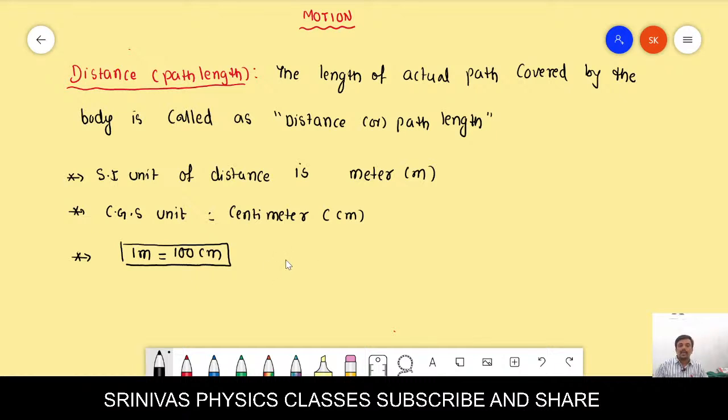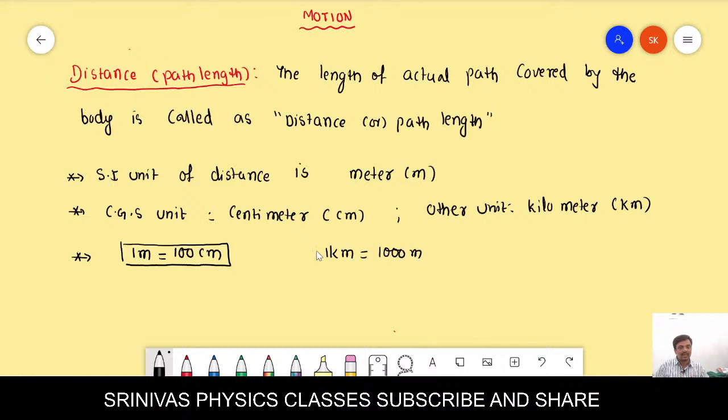Okay? And there are so many other units. Kilometer is there, right? 1 kilometer is equal to how many meters? Can anyone write? Write in the chat box, students.